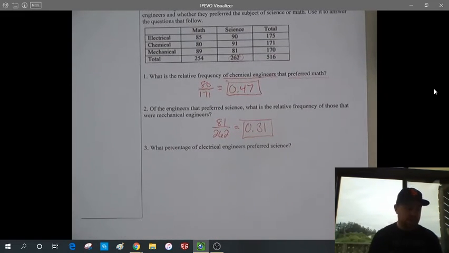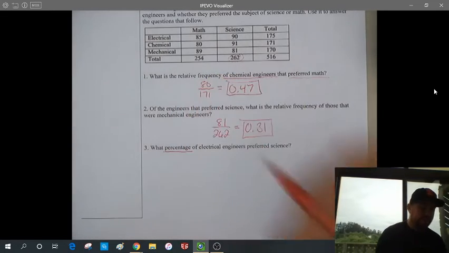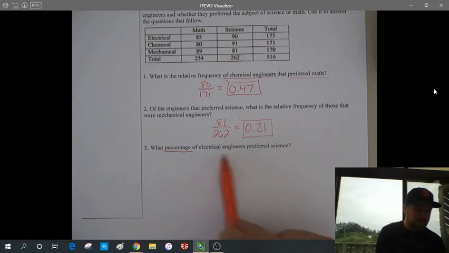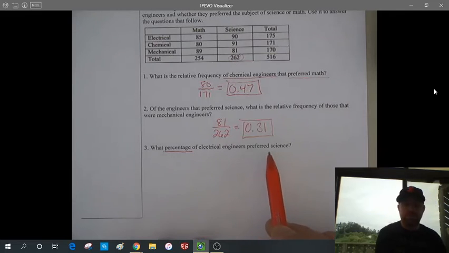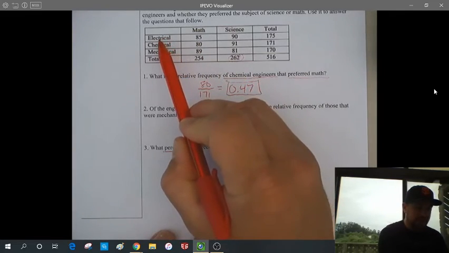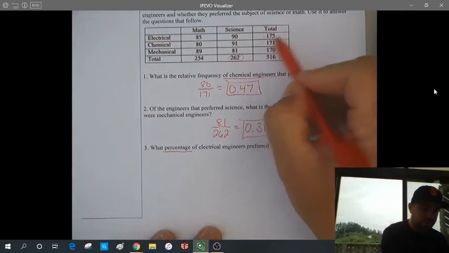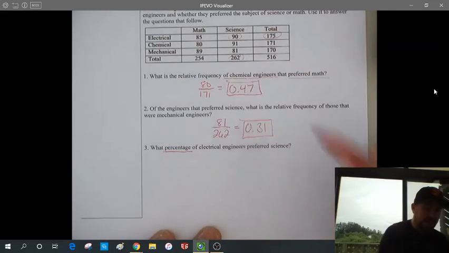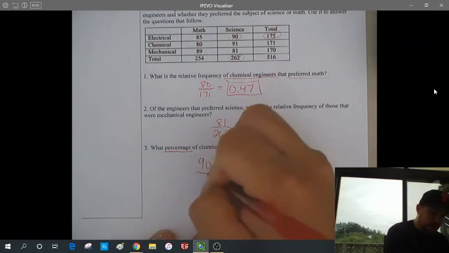Okay, number 3 is asking for the percentage. So now that it's asking for the percentage instead of the relative frequency, I'm going to convert my relative frequency number to a percentage for my final answer. So what percentage of electrical engineers preferred science? So now I go up to the table. Electrical engineers, there were 175 total. And of those, which ones preferred science? Well, there were 90 of them. So 90 out of the 175 total.